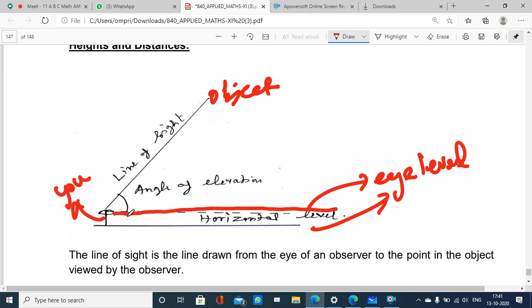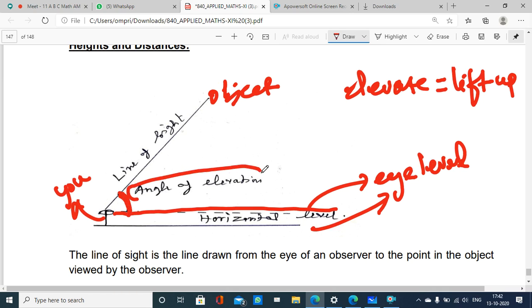Means you have to elevate your head. Elevate means to lift something. Elevate is a verb. It means to lift something up. So you have to elevate your head in order to look at the object. So the angle by which you have to tilt your head or your eyes, that angle is called angle of elevation.